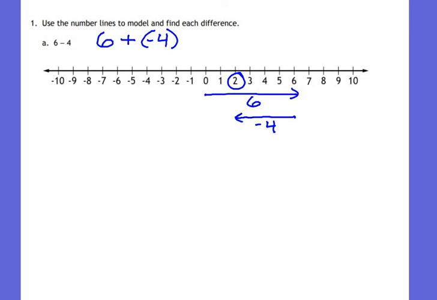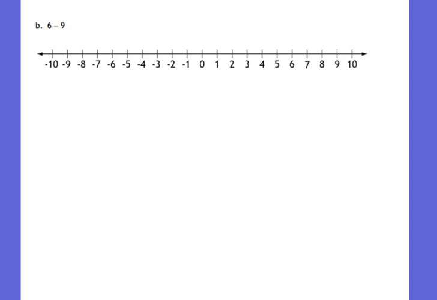Okay, let's take a look at B. B says 6 minus 9. I notice it's a subtraction problem, so I want to rewrite it as addition. So I'm going to do 6 plus what? Negative 9. Now I'm able to model it on my number line.